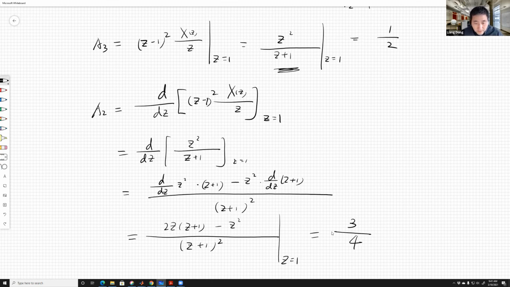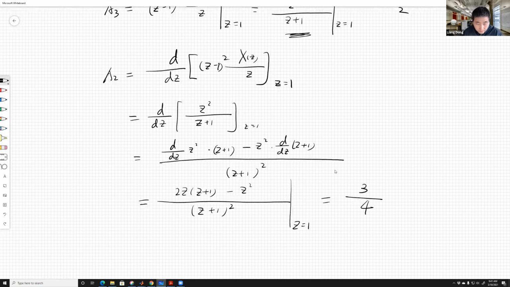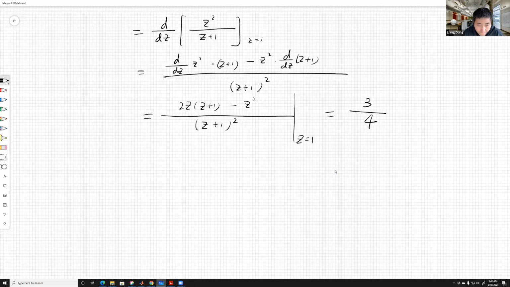Therefore, my answer for the partial fraction expansion: X(z) is equal to A1 times 1 over 1 subtract p1 z to the power -1. Now p1 is -1, therefore plus z to the power -1.